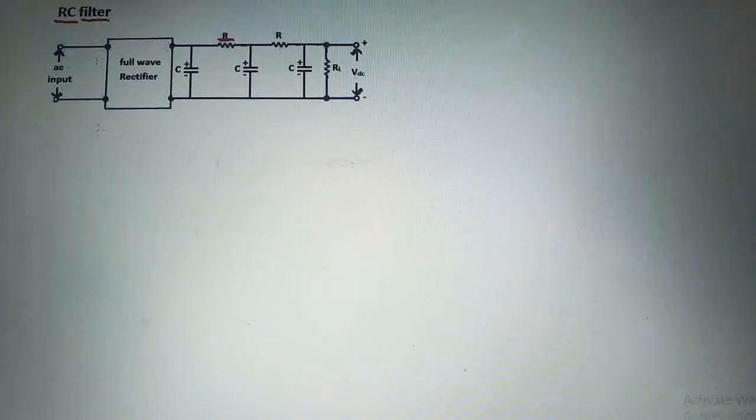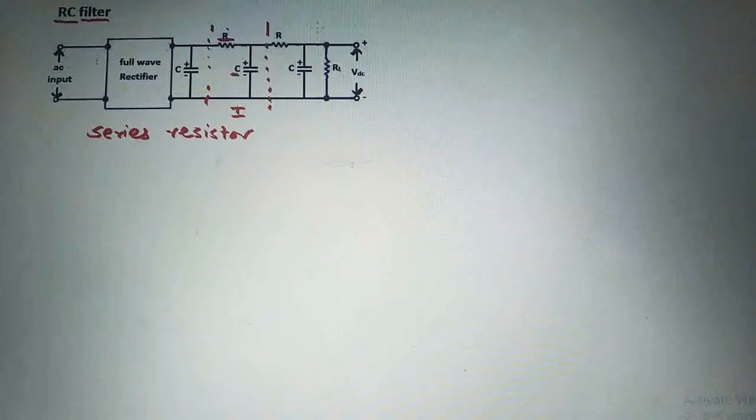Here a series resistor is connected in the RC filter, and see here, this is section 1 of this RC filter, a combination of the resistor and this capacitor, and this is the second section of this RC filter.